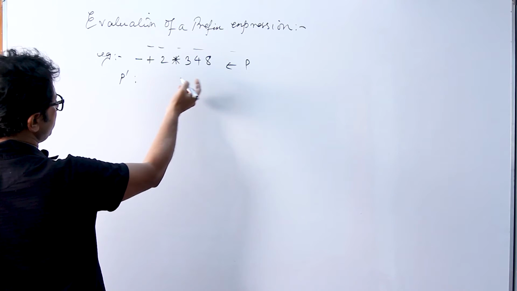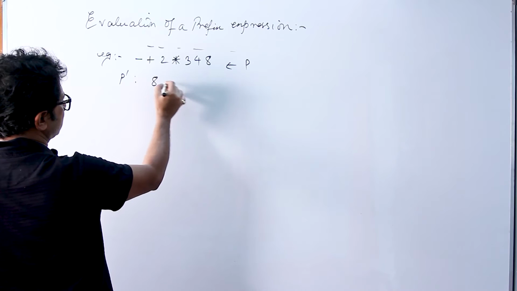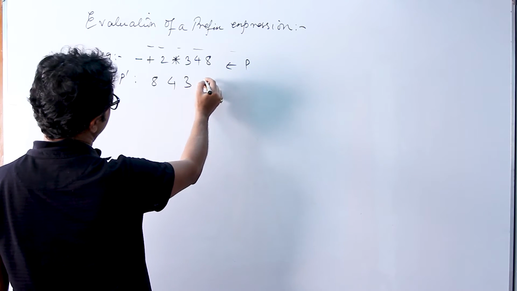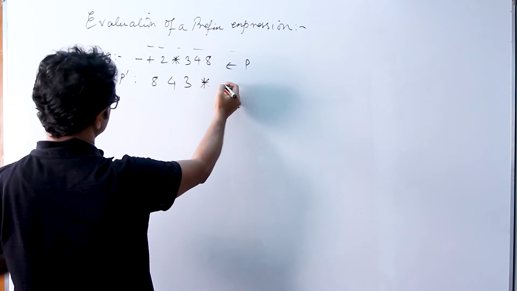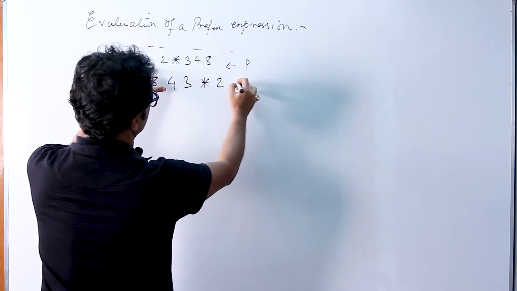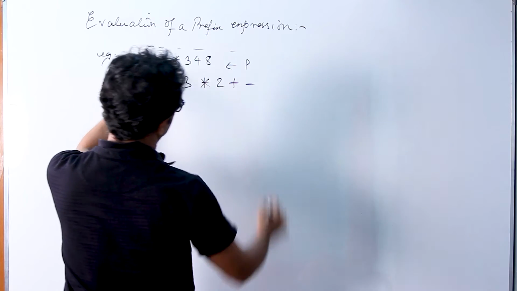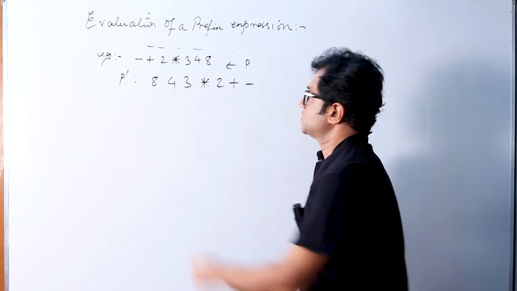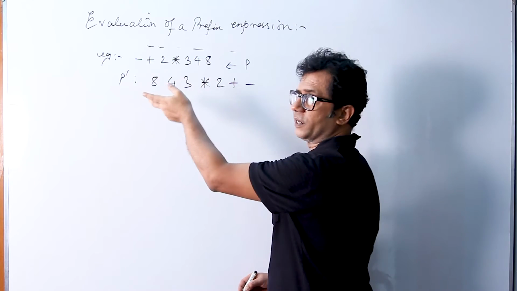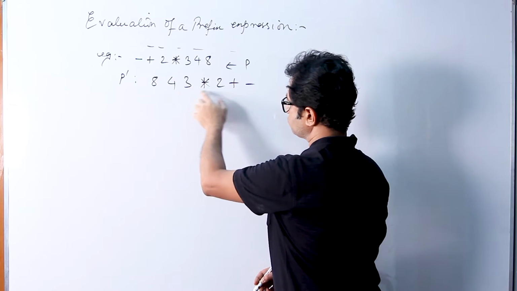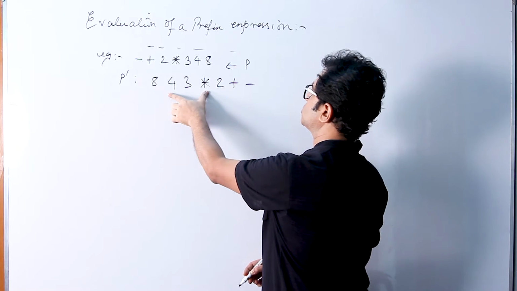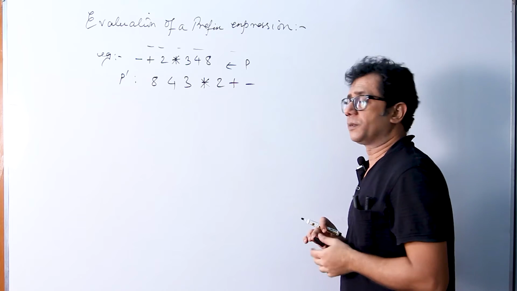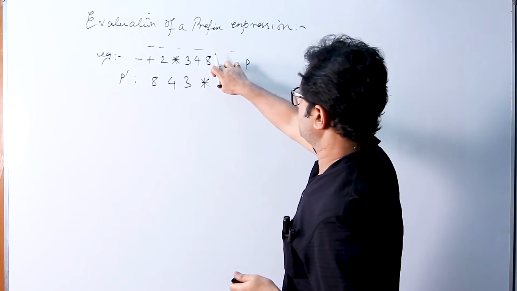The expression will be reversed to: 8, 4, 3, star, 2, plus, minus. Just in the reverse order. Now after reversing the entire expression laterally, we get this expression, which is going to help us determine the value of the original prefix expression.